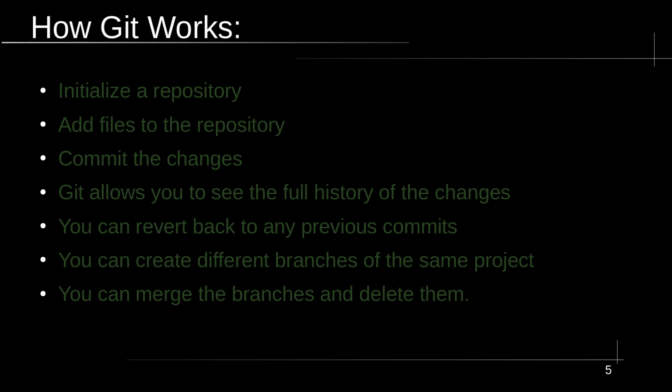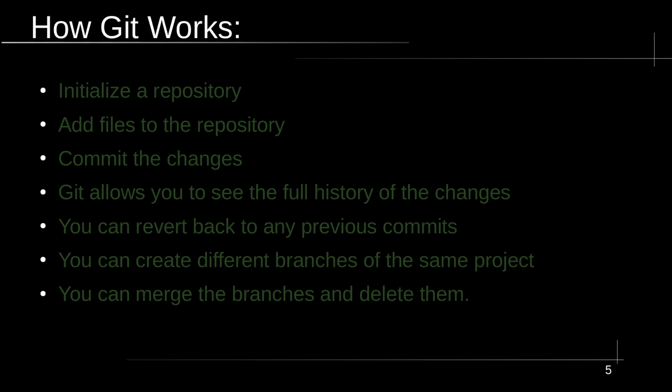Then you commit the changes to save them permanently, so that you can later get back to those backups. Git also allows you to see the full history of those changes by using the Git log. I will explain all of the commands in the later tutorials, and right here we'll only talk about the theory of what happens inside of Git.